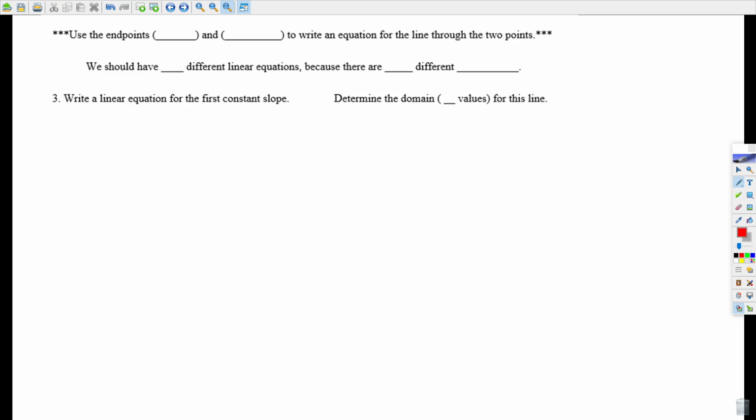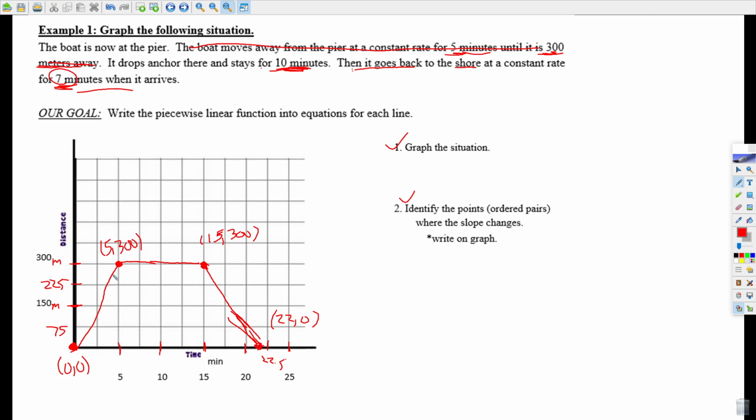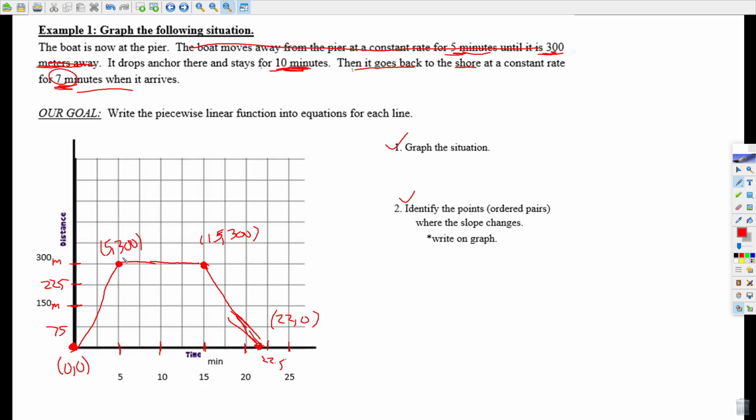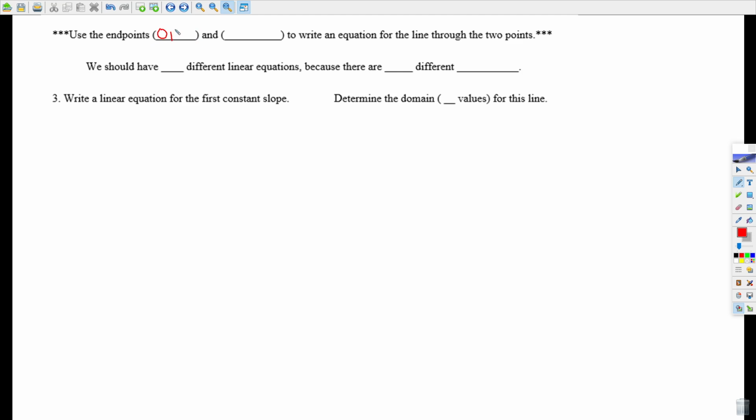All right, so we're going to use the endpoints of each line to write an equation. We're going to write an equation through the line for the 2 points. So let's use this first one here. It's going to be 0, 0, and 5, 300. We should have how many different linear equations?